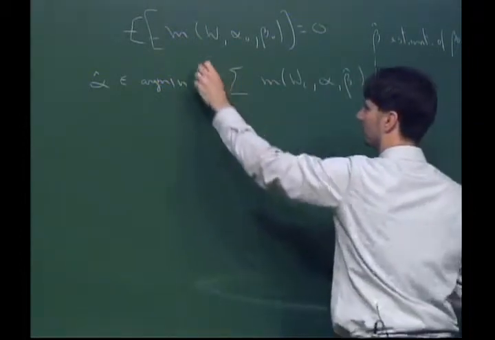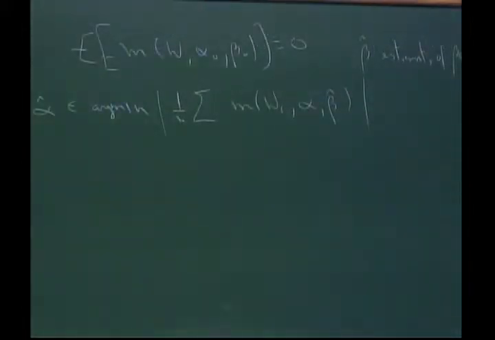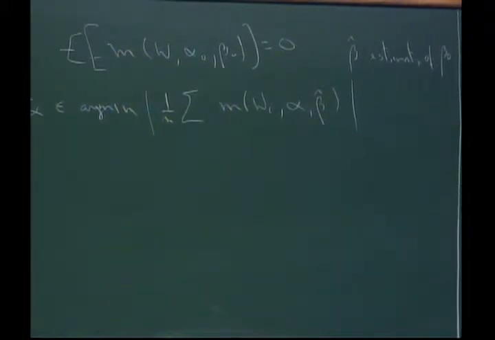I find the alpha that minimizes that expression, using a plug-in estimator beta hat instead of the true value. And that's the standard approach for this type of problem.